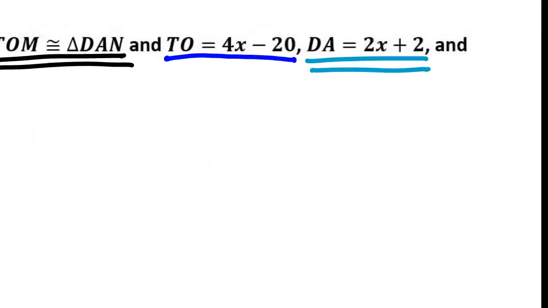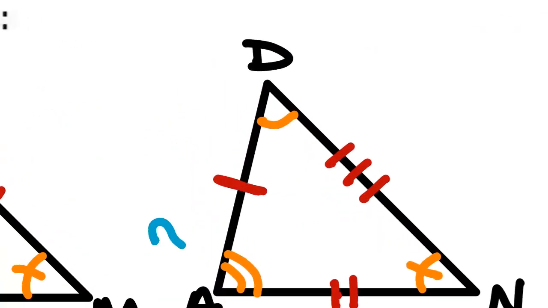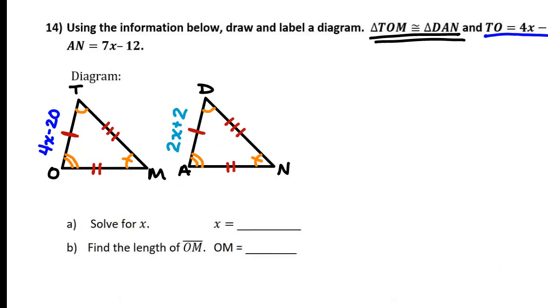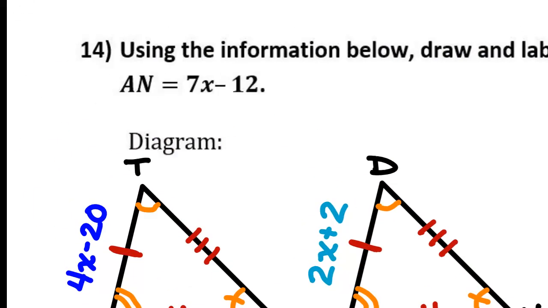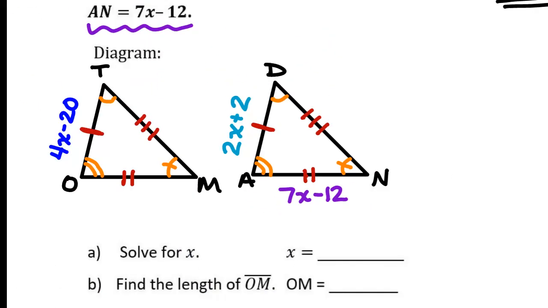DA is 2x plus 2. And AN is 7x minus 12. So like this. We want to solve for x and find the length of OM.